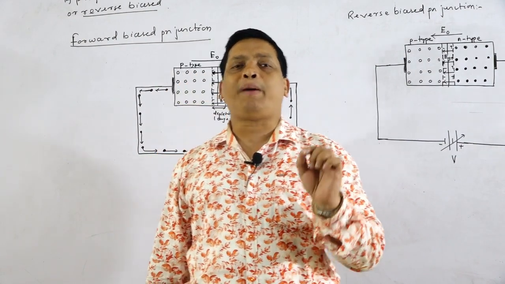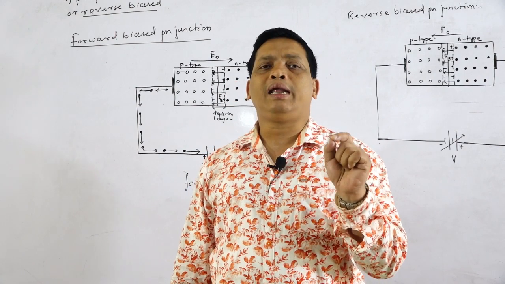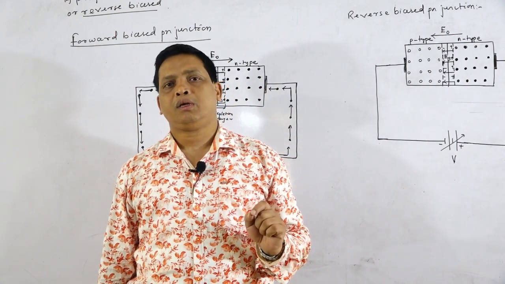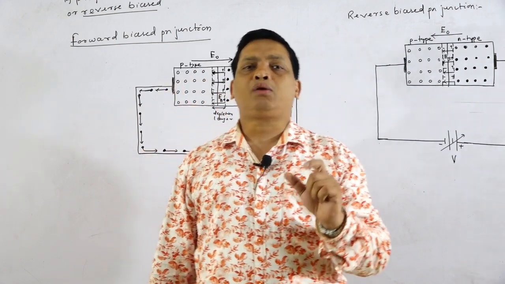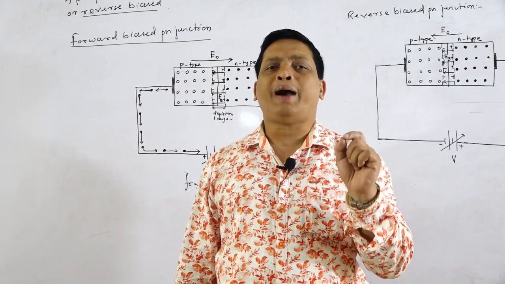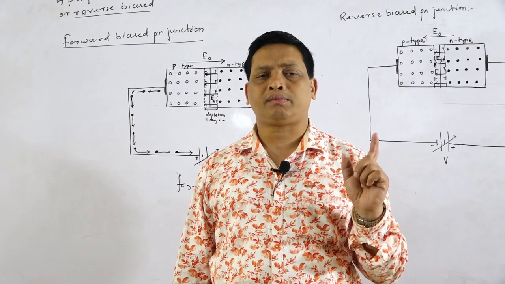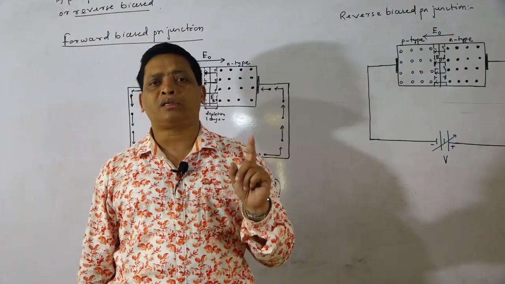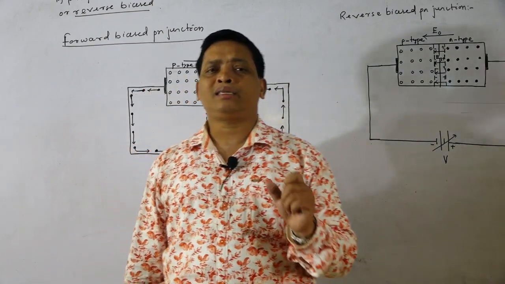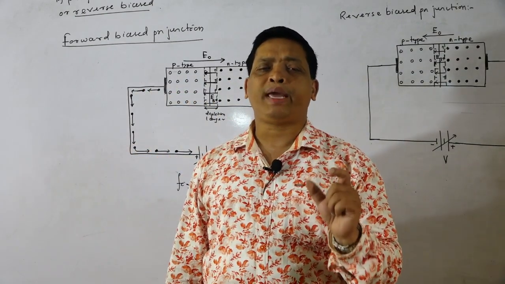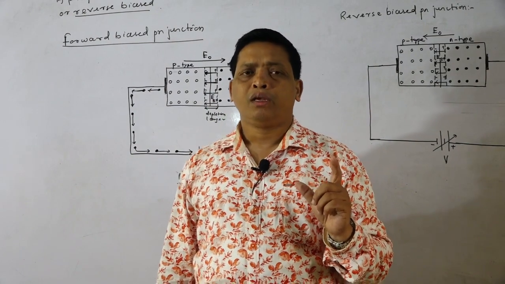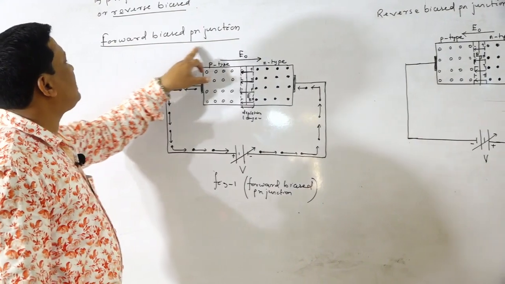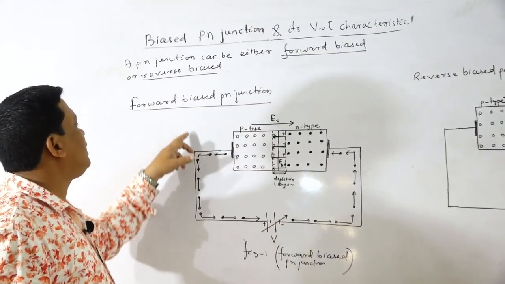Now we can apply external electric field in two different ways. So accordingly there are two types of biased P.N. Junction. One is forward biased P.N. junction, other one is reverse biased P.N. junction. So first let us see what is a forward biased P.N. junction and how it is achieved.